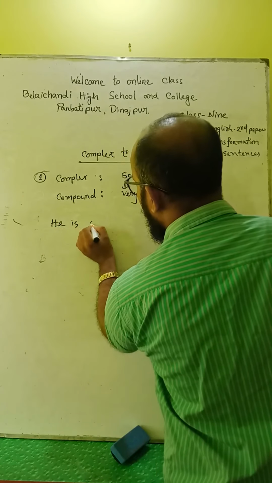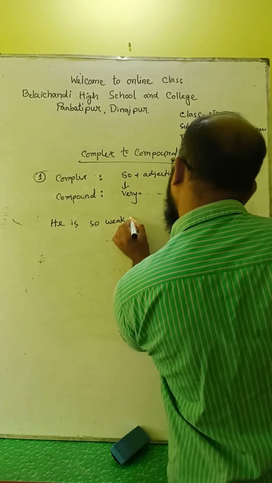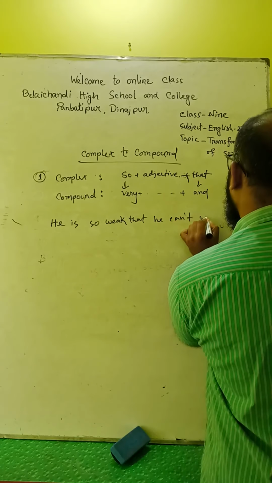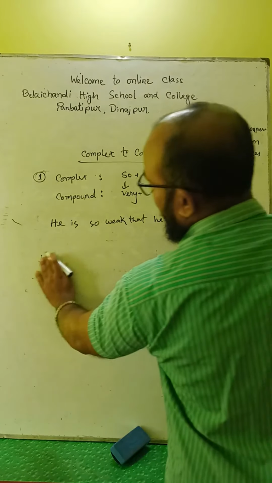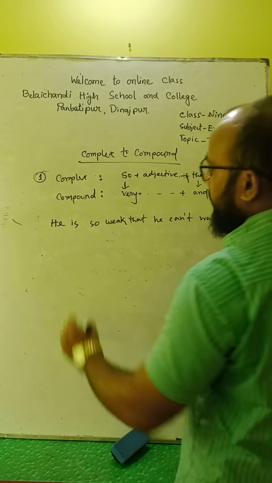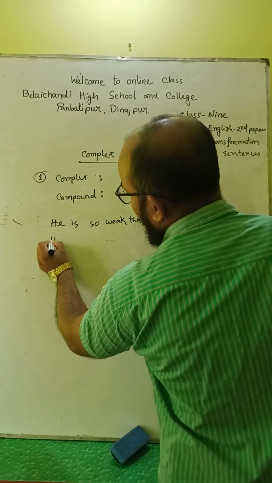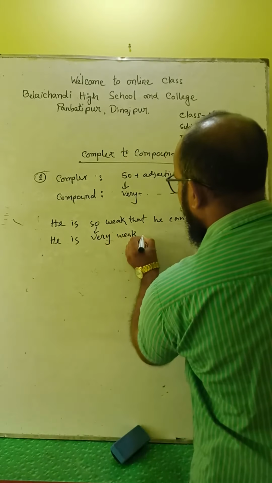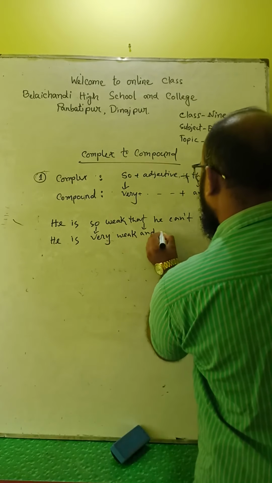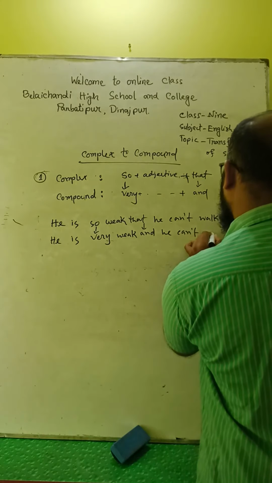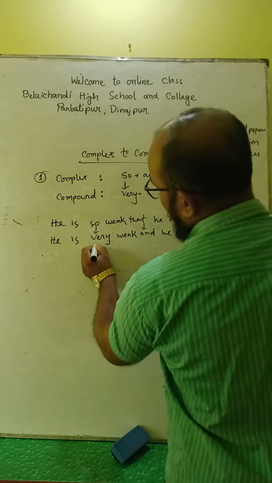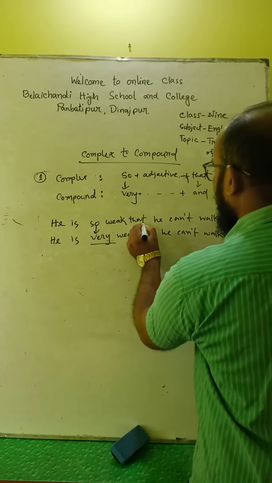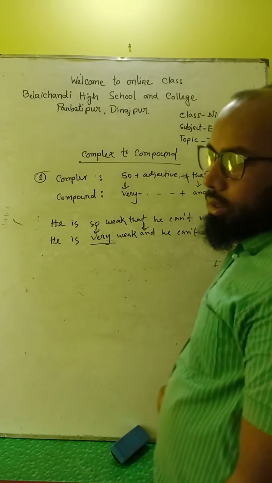He is so weak that he can't walk. Now I will make it compound sentence. He is very weak and he can't walk. We used very at the place of so, and we use and at the place of that.